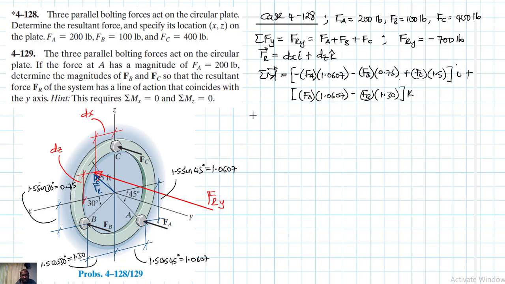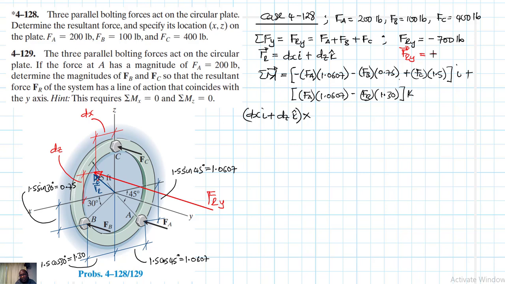So we have dxi plus dzk, okay, cross this, writing it as a vector. If we are to write this as a vector, this becomes FRY as a vector.